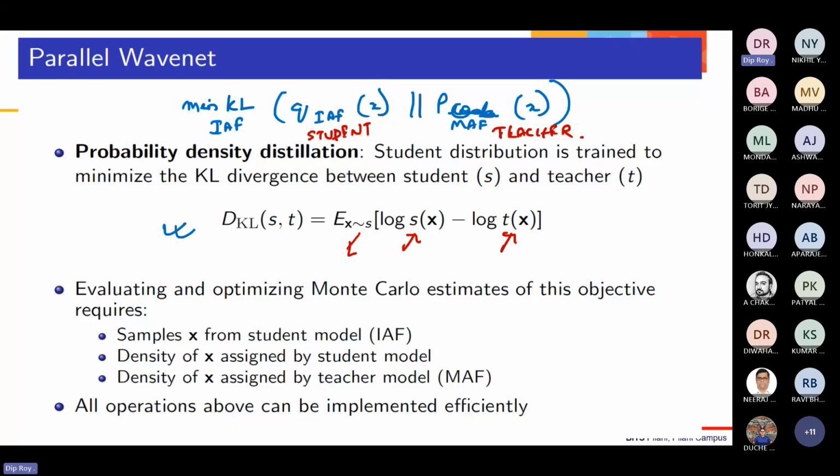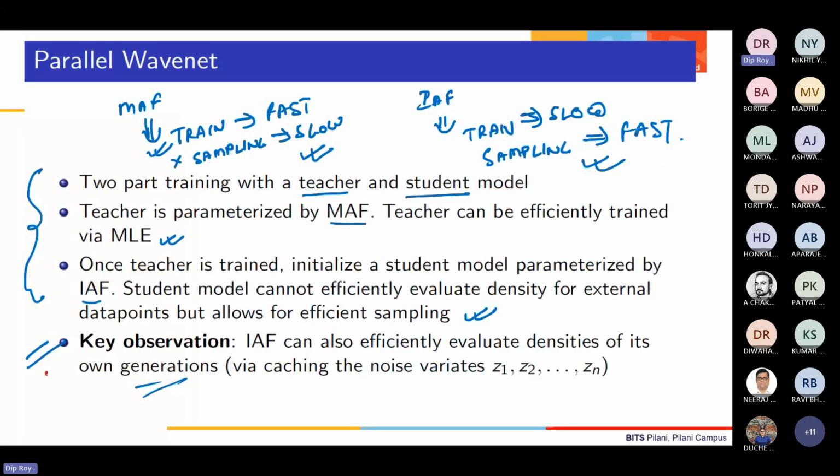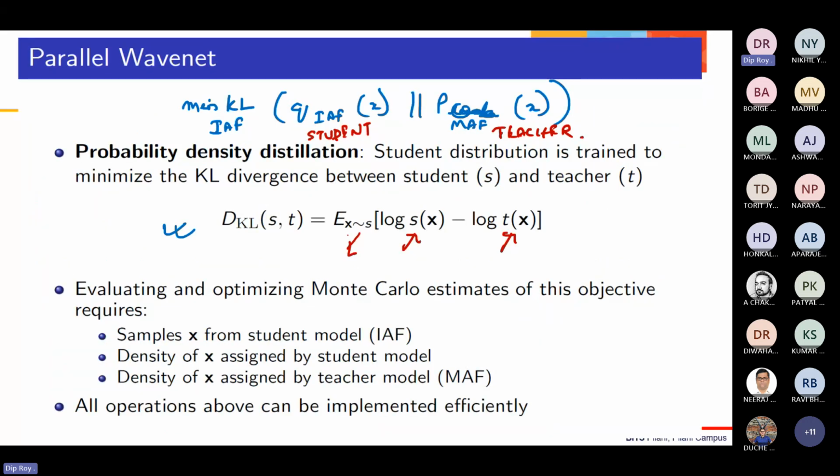But at the same time, we said IAF can also effectively evaluate densities of its own generation. Here, the point is its own generation. We are calculating the density of its own generation, which it can easily do. And now your density calculation for the teacher model as well as the student model is fast.